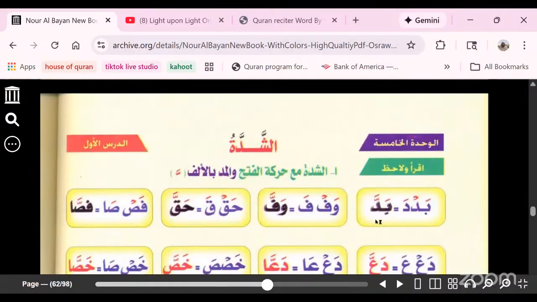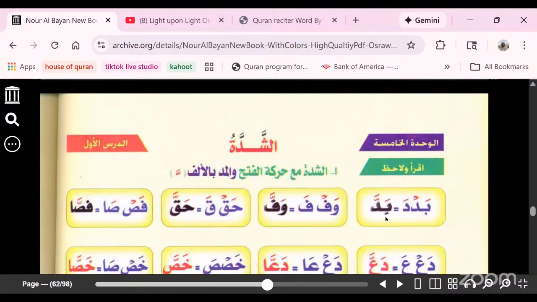So, you see what I was talking about? These are letters that have shadda in conjunction with other letters that have haraka.